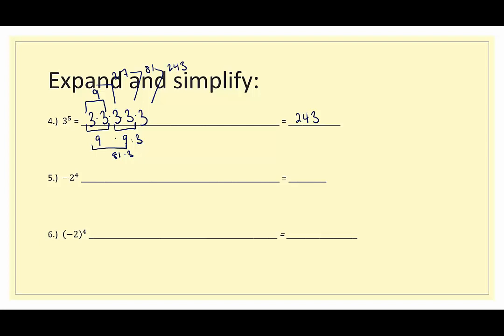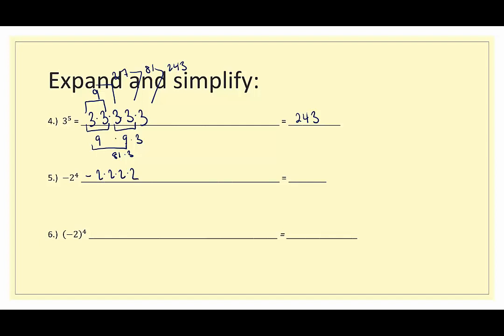Now look carefully at questions 5 and 6, and let's be very careful about what the base is here. In question 5, what's the base? Because there's no parentheses, that negative is treated like multiplication. That's like that factor of -1. So the negative just kind of chills out in front. We repeat the 2 4 times.